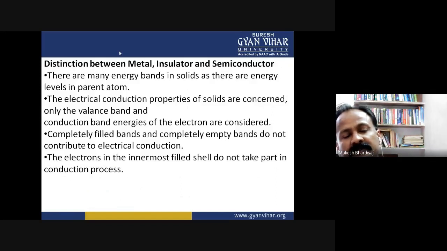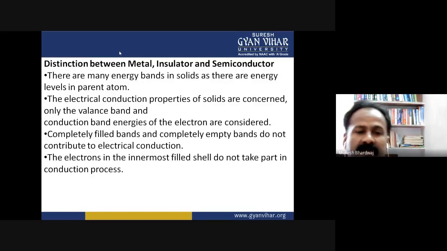Again, the innermost shell electrons do not take part because they are tightly attracted by the nucleus, and the attraction force is so high that they cannot take part in the conduction process.